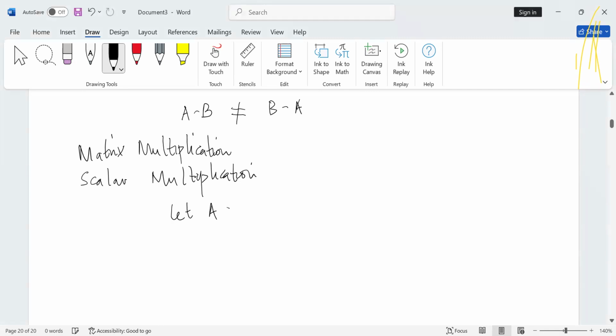Let A be equal to this matrix. What is the scalar? Just multiply all the elements in that matrix by 4.